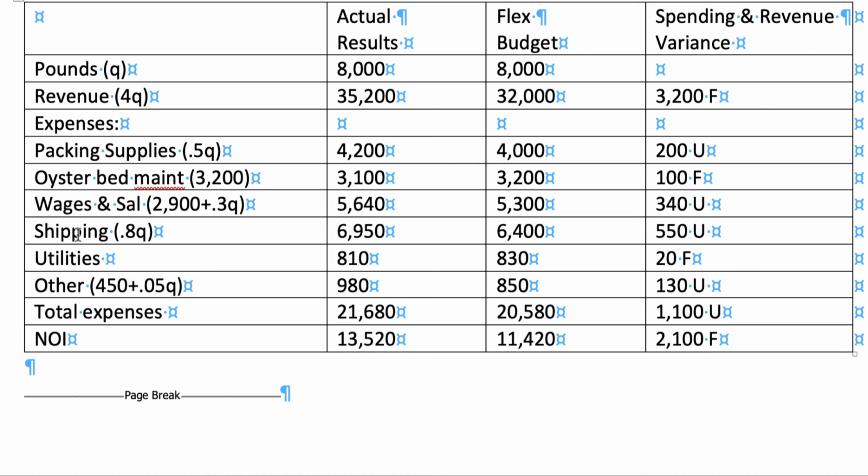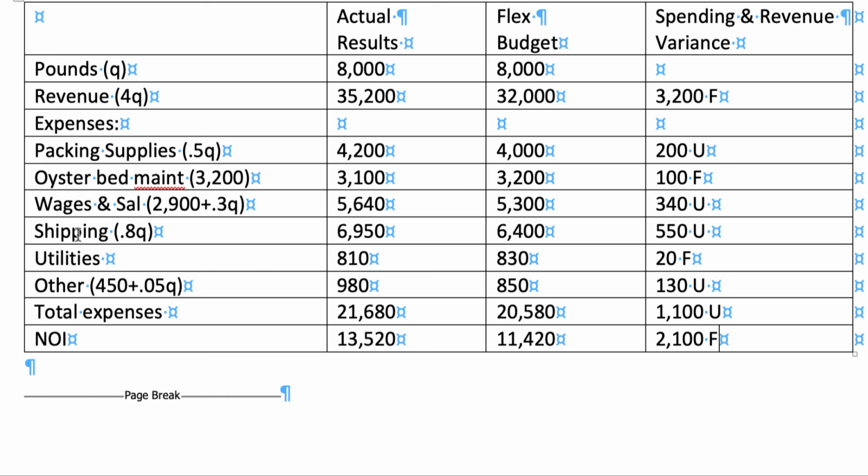Okay, so why? Well, I got a hodgepodge of things going on, right? Right off the bat, I earn more revenue than I should have. Good. The expenses are kind of a hodgepodge, right? Some of them are unfavorable, some of them are favorable.